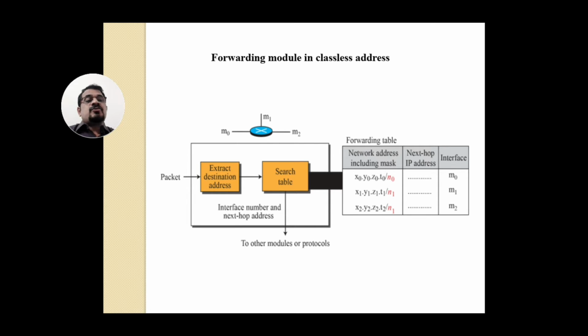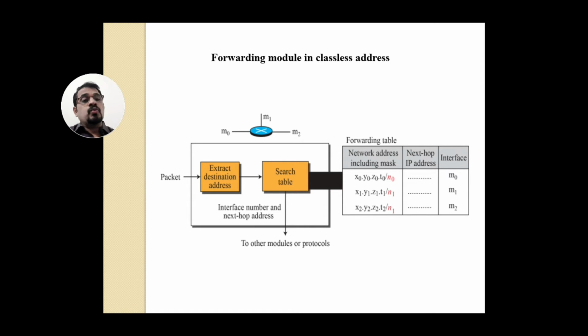Then it has the network address, the next hop in the IP address along the shortest path, and the interface it belongs to. For example, if it receives a packet from some address X that is trying to move to address Y, the router has to look at the routing table, and based on it, this is your next hop and you have to go via this interface.